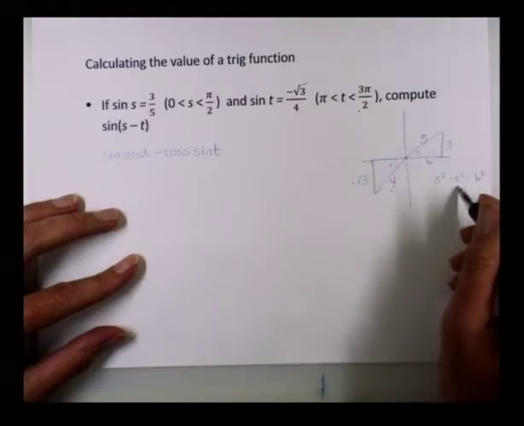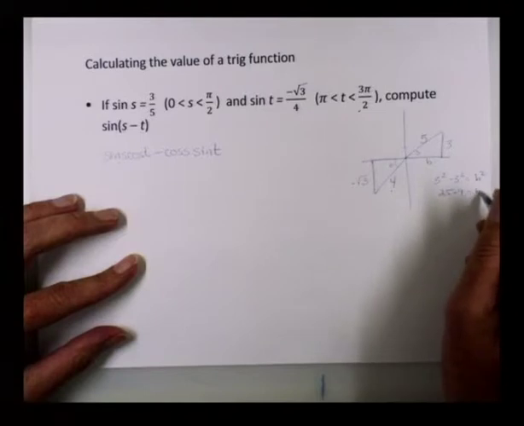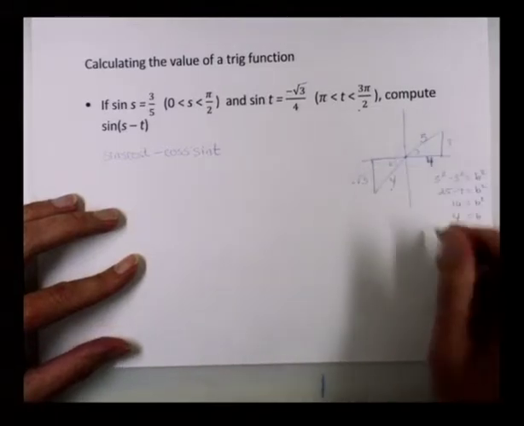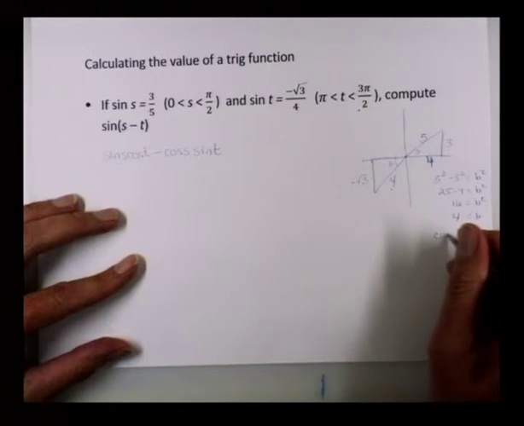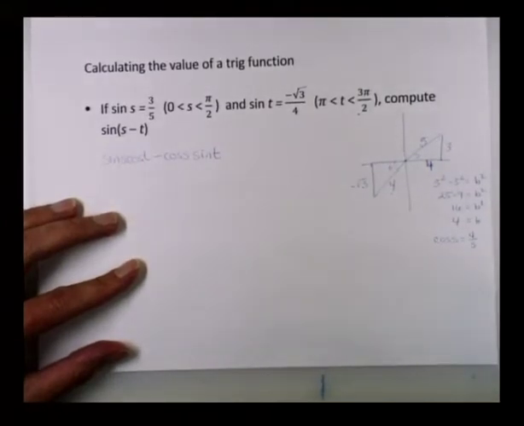So I have 25 minus 9. We probably should know this one just off the top of our heads. But we end up with that side equaling 4. So if this side is 4, I know that the cosine of s is going to be positive 4/5. And I know it's positive because it's in quadrant 1.